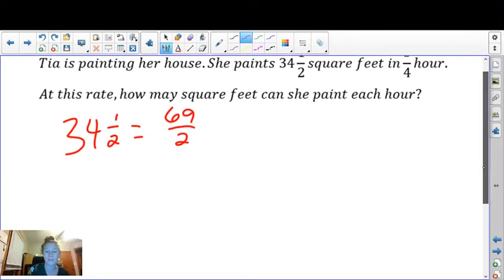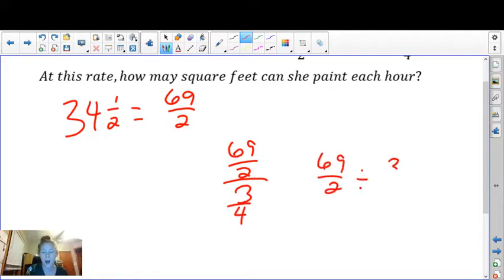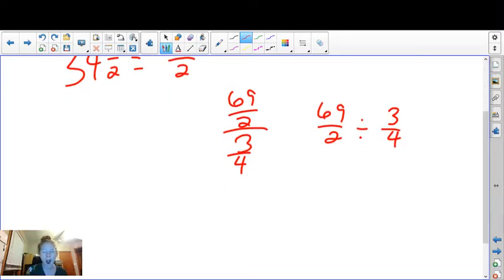So I have 69 over 2 divided by 3/4, which is 69 over 2 times 4 over 3. This is cool because I can reduce on both parts.